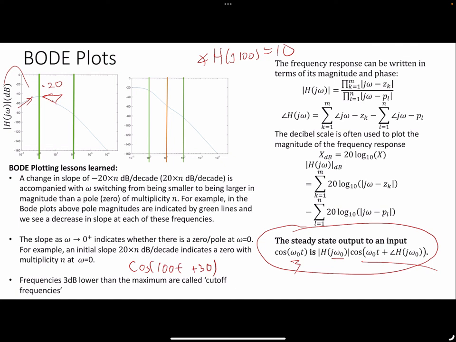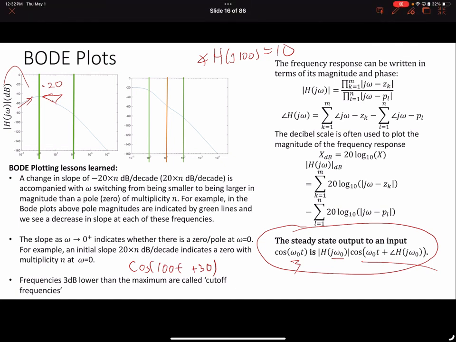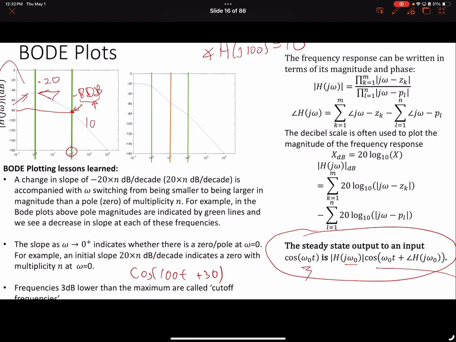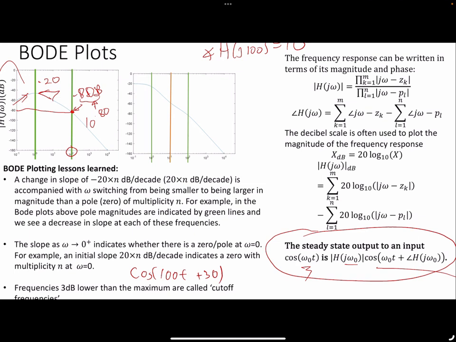Then you would know the steady state, I would just have to look here at what happens at 100. And I'm at negative 80 dB, which remember in a linear scale is actually 10 to the negative 80 divided by 20, also known as 10 to the 4.